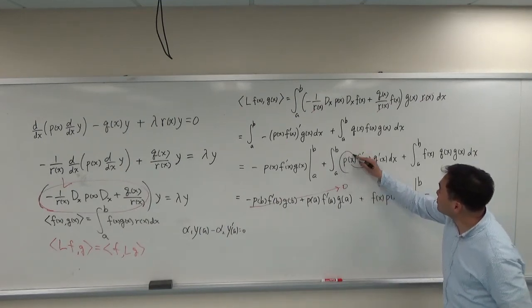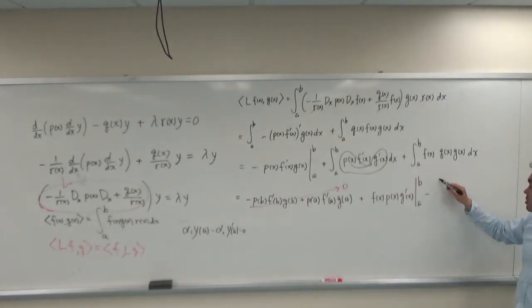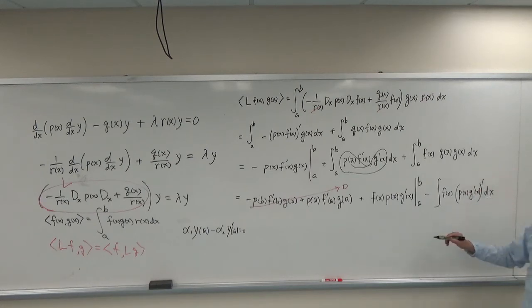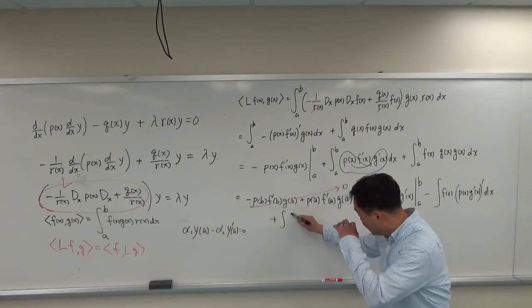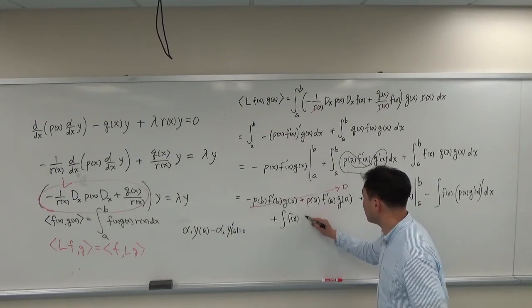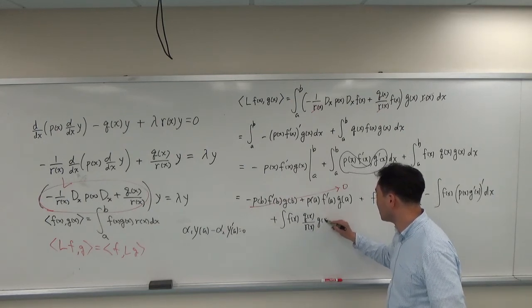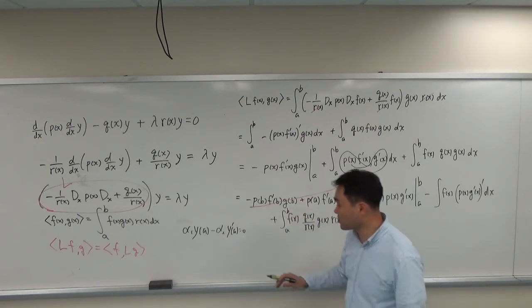Now these are the ones that we didn't do anything to, and these together will have to be differentiated. So the one that you integrated, you don't do anything to it, but the one that you didn't do anything to has to be differentiated. We still have that one, plus the integral of f(x) q(x), and I'm going to put over r(x), and then g(x), and multiply by r(x) dx, just to get ready for the other side.